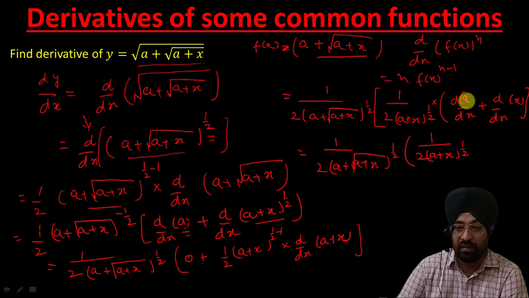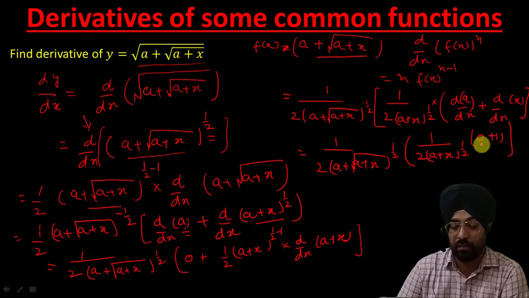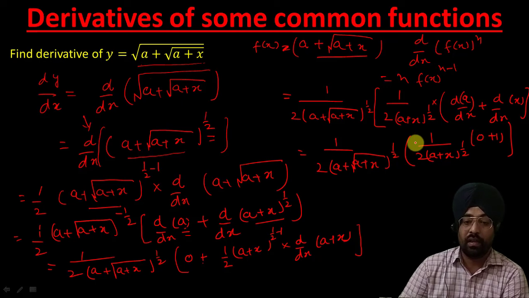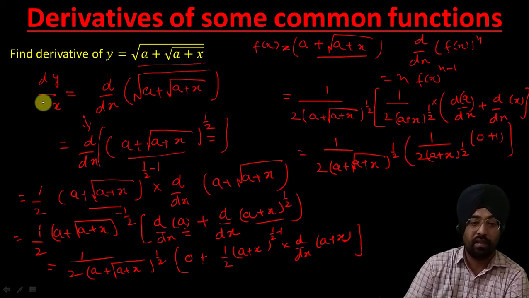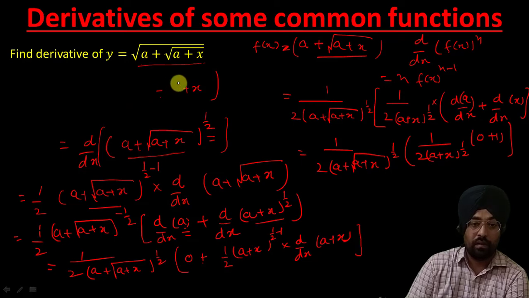The derivative of a is 0, the derivative of x is 1, so 0 plus 1 is 1, and 1 multiplied by something is something. Now I will write the answer here, so I will just rub it out. Okay, now let us see what it becomes.